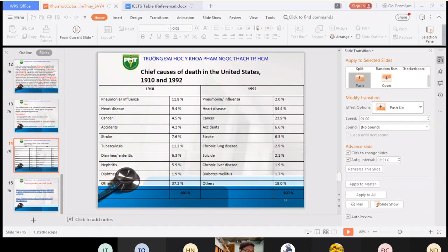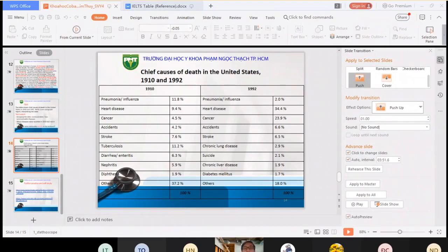I group them together and say they just accounted for a very tiny percentage. And you have to also notice the percentage of pneumonia and the percentage of tuberculosis. They are nearly the same. You see 11.8 and 11.2, nearly the same. You can compare them together.